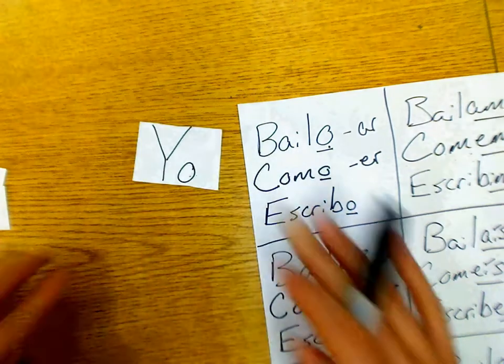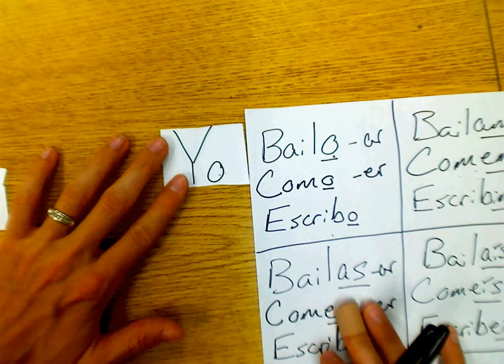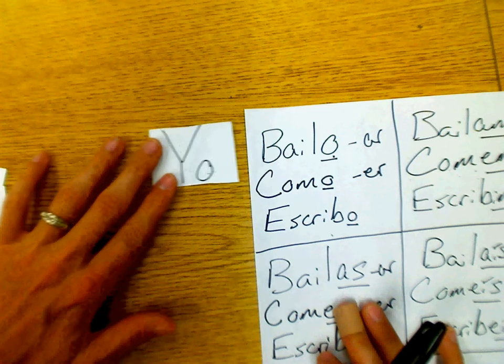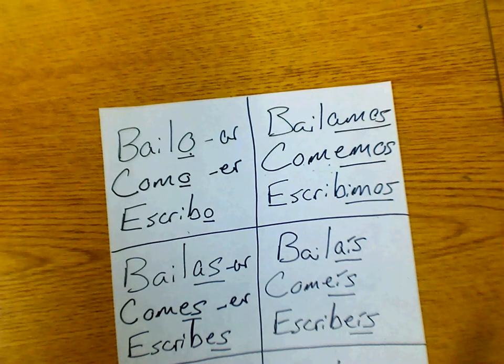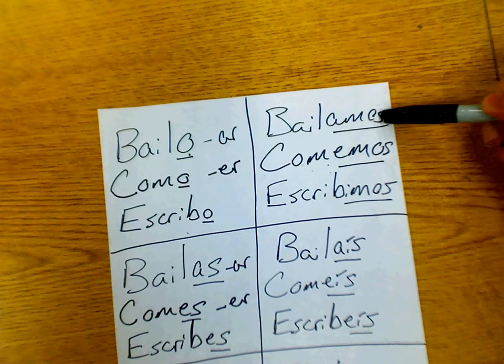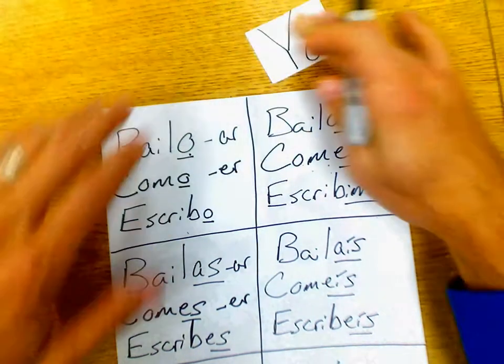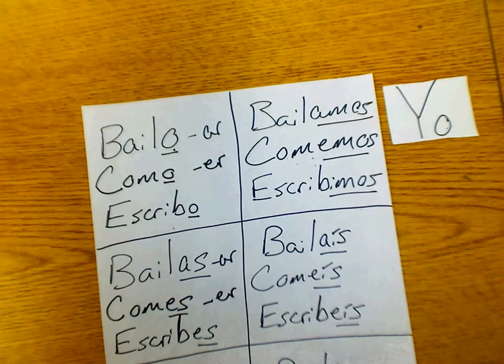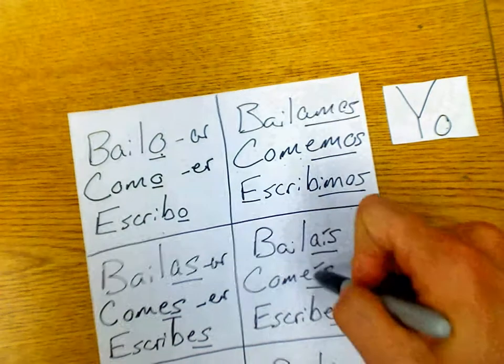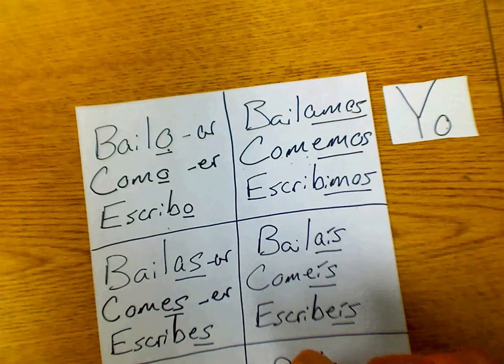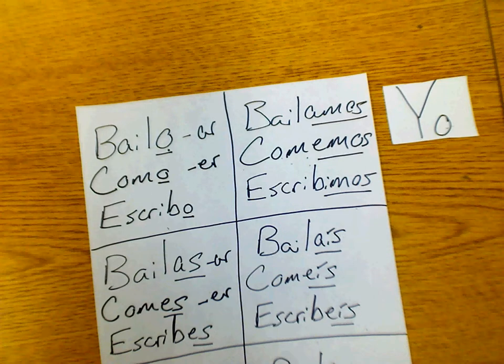Yo bailo. I dance. Now what if I want to say, we dance? Which one was it? Bailamos. We dance. Now you're probably not going to have this chart memorized and what each word means. That's why you need to write it down. Because eventually you will have it memorized and you won't have to worry about those notes. But in the beginning you need those notes.